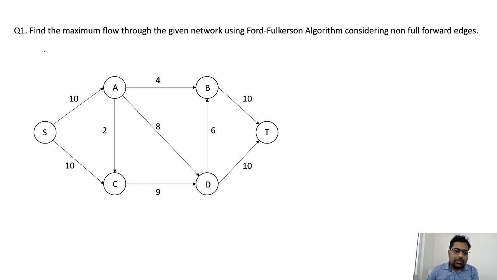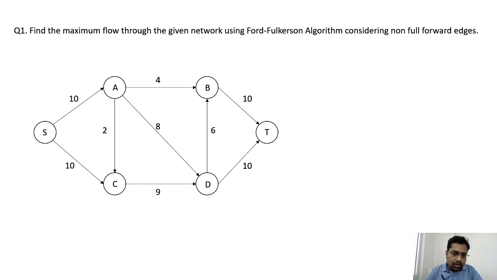You can expect questions in this order, or else a table will be given where the paths are given with capacities. Here we have the graph, and the question is: find the maximum flow through the given network using the Ford-Fulkerson algorithm, considering non-full forward edges. Here no backward edges are considered. So based on the non-full forward edges, how do we find the max flow?